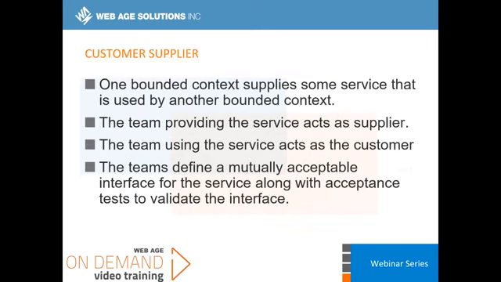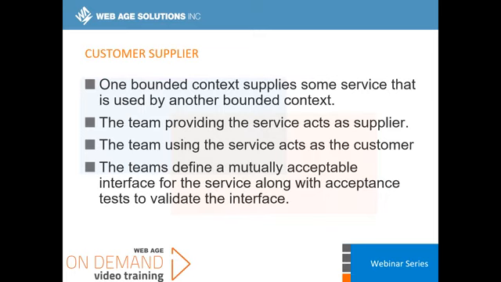The next mapping type is what we call customer supplier, and in this case, one context supplies some service that's used by some other bounded context. Right? So we have one context that acts as a server, as the supplier, and one as the customer, and the two teams work together to define the interface.